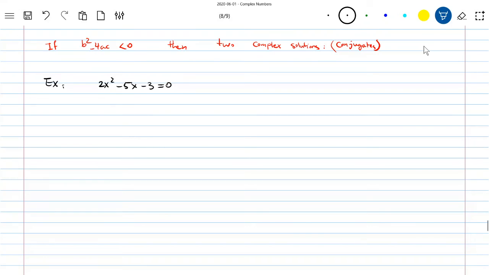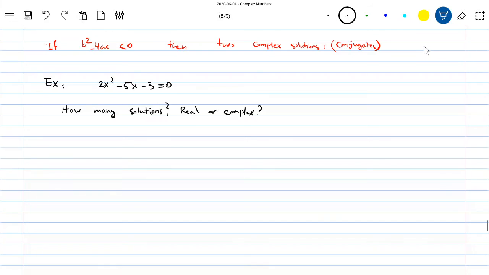Without solving it, can you tell me how many solutions and what type of solutions you expect? Are they real or complex? You can find the exact value of the solutions, but we don't want to find the exact value. We just want to discuss it.